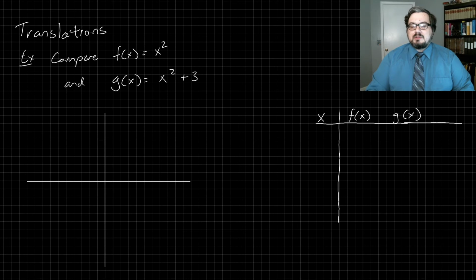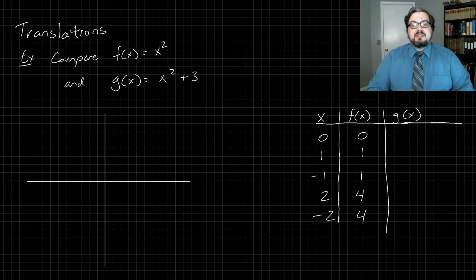So the points that I'll use are 0, 1, -1, 2, and -2. And we see that if x is 0, f of x is 0 squared, which is 0. 1 squared is 1. -1 squared is 1. 2 squared is 4. -2 squared is 4. And so this gives us a bunch of points on the function f.